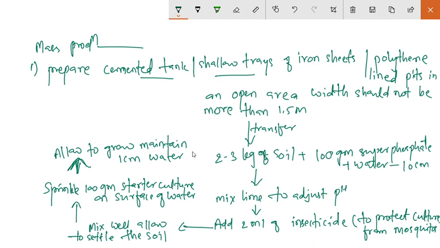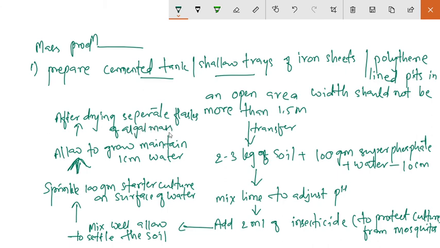Then after drying, the algal mass is separated. Flakes of algal mass are separated from the soil.